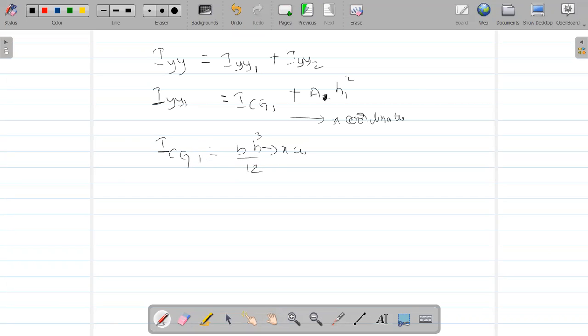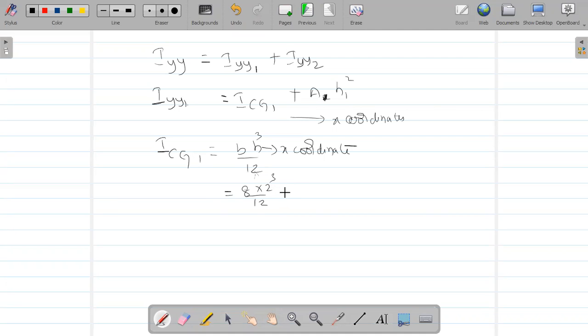H should be x coordinate. So this is 8 into 2 cube divided by 12. Is this clear? When you are doing about y-axis, here you have to take x coordinate. When you are doing about x-axis, here you have to take y coordinate. The formula is same, bh cube by 12.